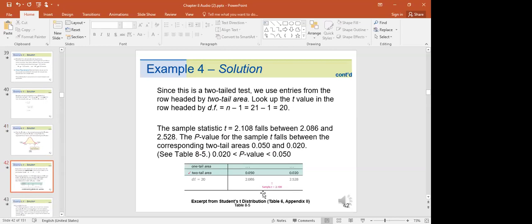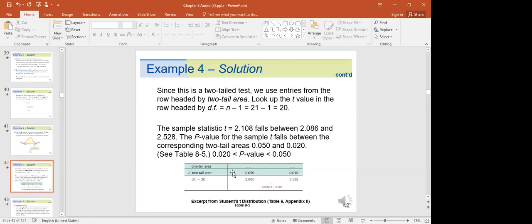I encourage everybody to use the calculator. If you were to use the t-distribution, you will identify the degree of freedom and then look for the two numbers that enclose the test value. Our test value is 2.1. It is greater than 2.08, and it is less than 2.52.